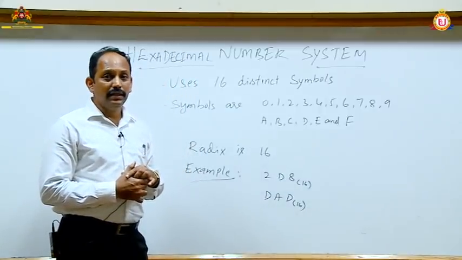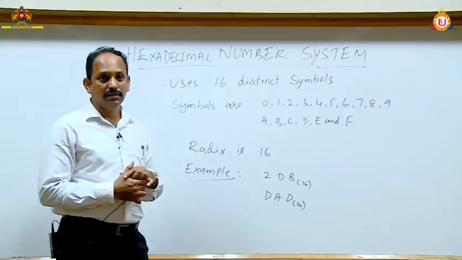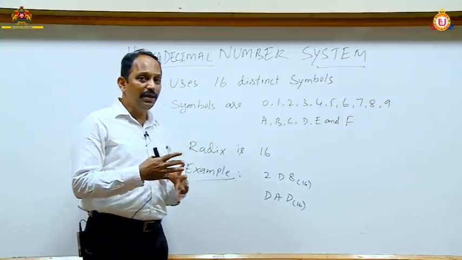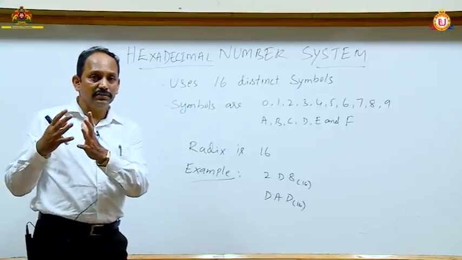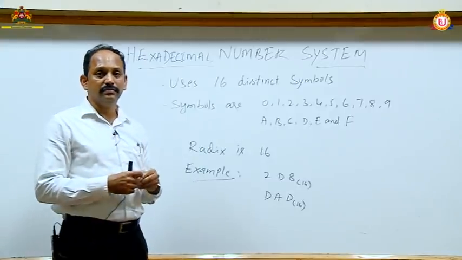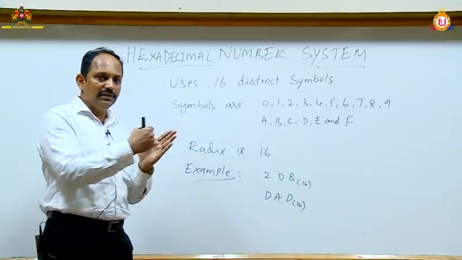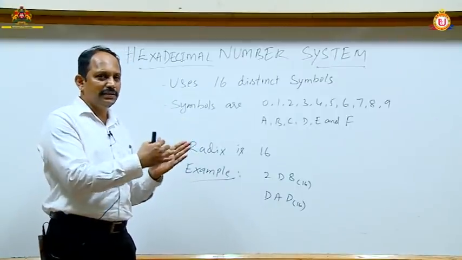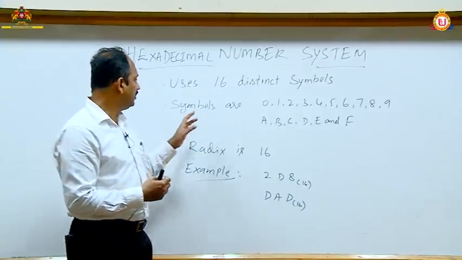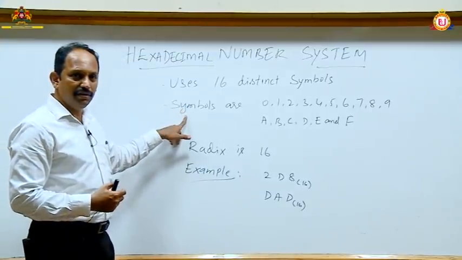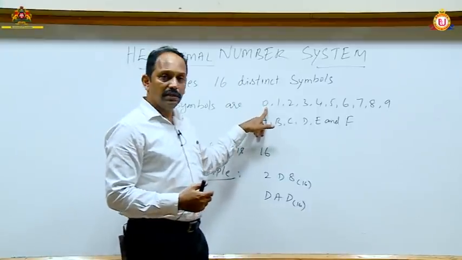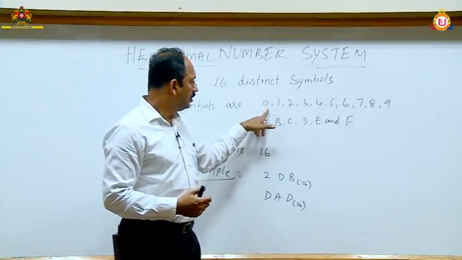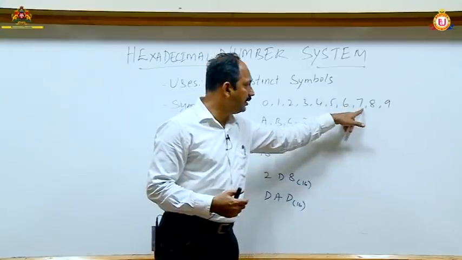6, decimal is 10. Therefore, it is a combination of the decimal and the alphabet symbol systems, because we carry all the symbols that are used in the decimal number system. As you can see on the board, the symbols used in the hexadecimal number system are the decimal digits 0 to 9: 0, 1, 2, 3, 4, 5, 6, 7, 8, 9.